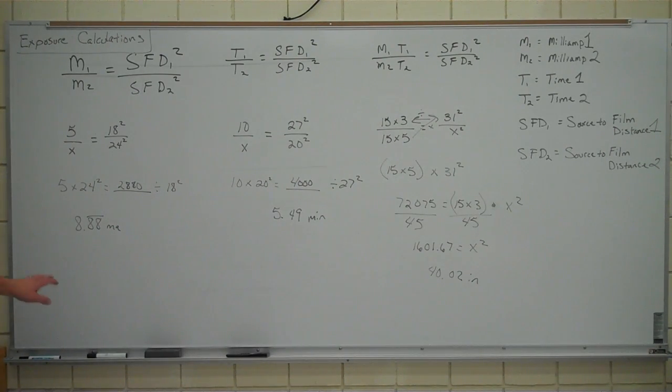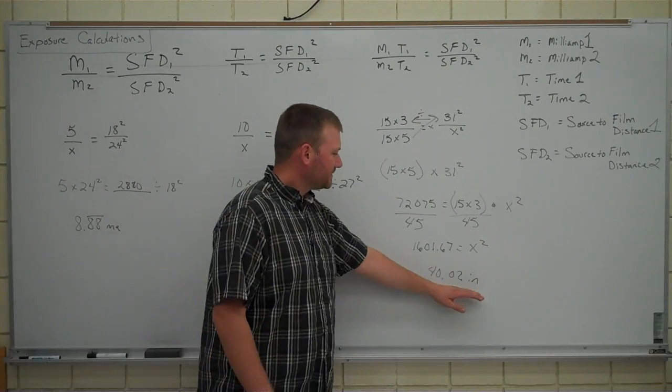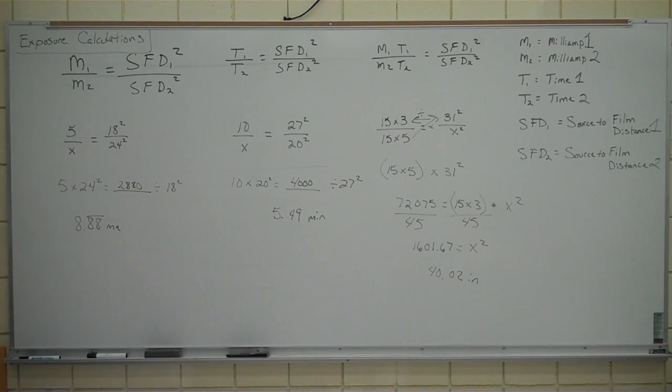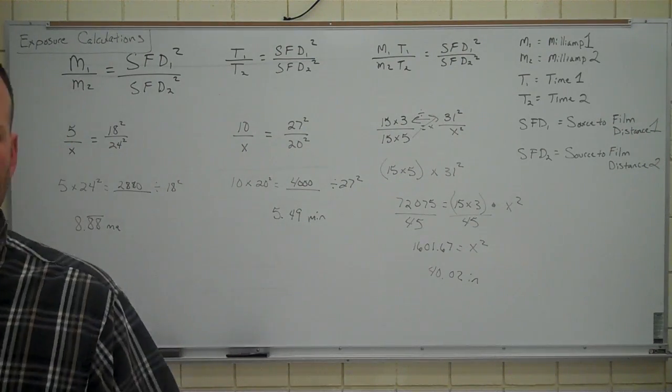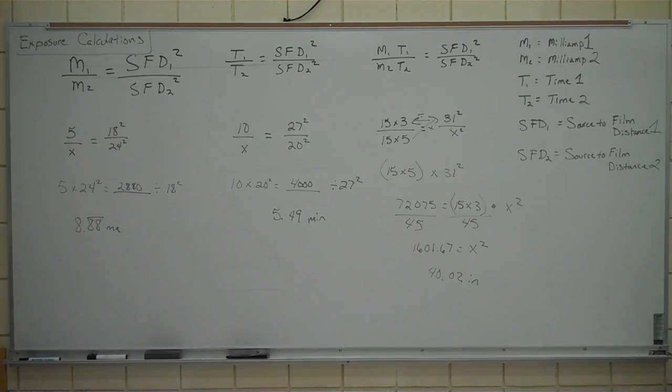You're just looking for plain information like milliamps or minutes or a distance. A distance is going to be squared in the calculation, but it's not going to be measured as 10 inches squared. So, nice Monday morning here. Should be pretty simple calculations for you guys to look at. Good luck and good scoring.